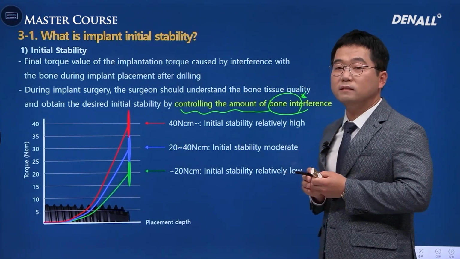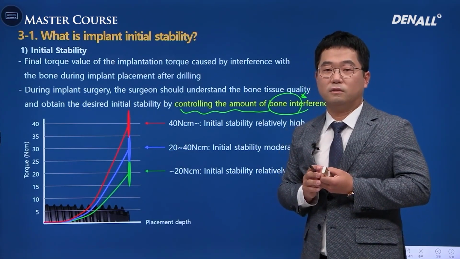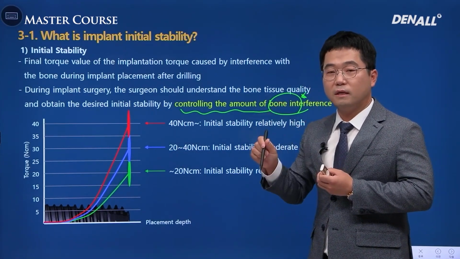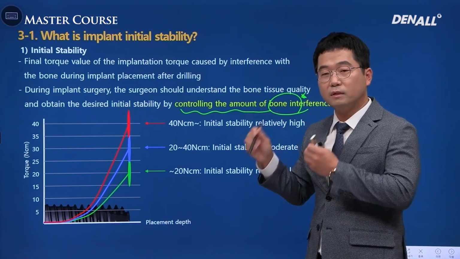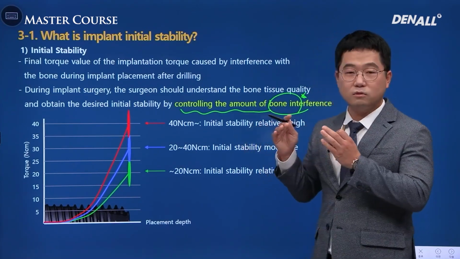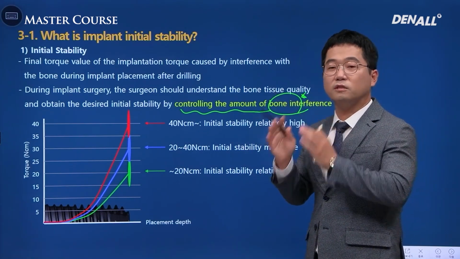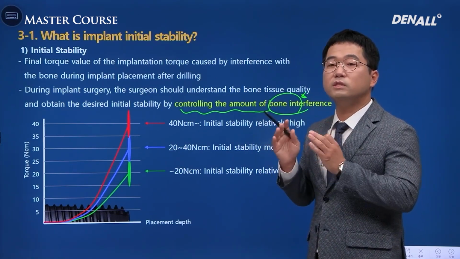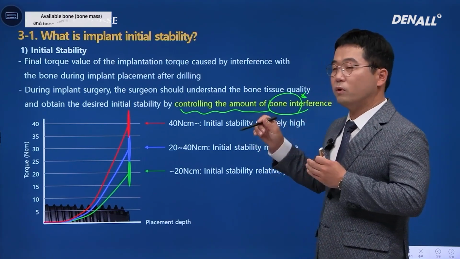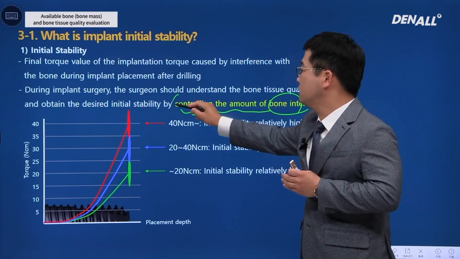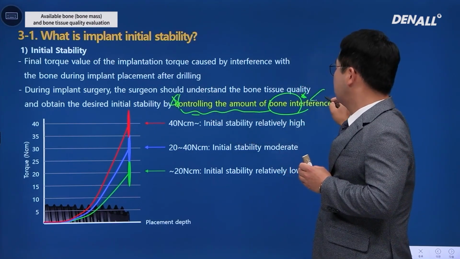We need to adjust the bone interference. When you do drilling, you need to evaluate the bone quality with the tactile sense you get with drilling. Patient's bone amount cannot be changed, so we need to evaluate the bone quality and accordingly adjust the bone interference. I think this is most important in basic course.